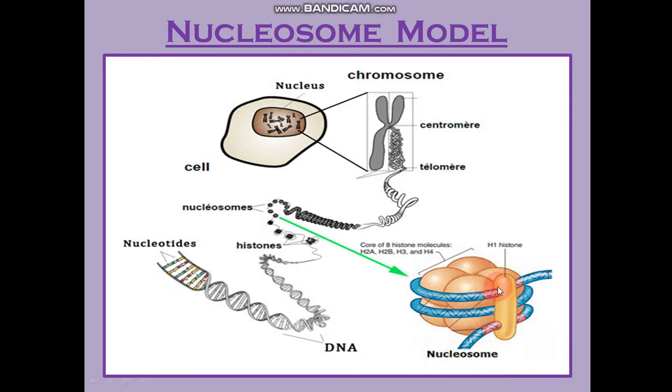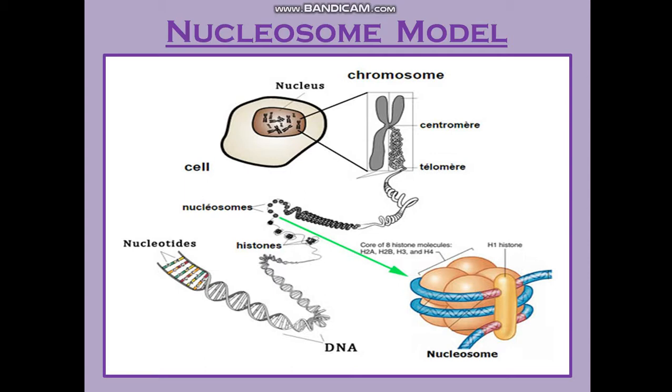It has a core protein. The core protein consists of a histone octamer, that is 8 histone proteins, and what is wound round this octamer? The DNA. The DNA is wrapped around the histone octamer for 1.75 times. This you need to understand. The DNA is wound round the octamer for 1.75 times.